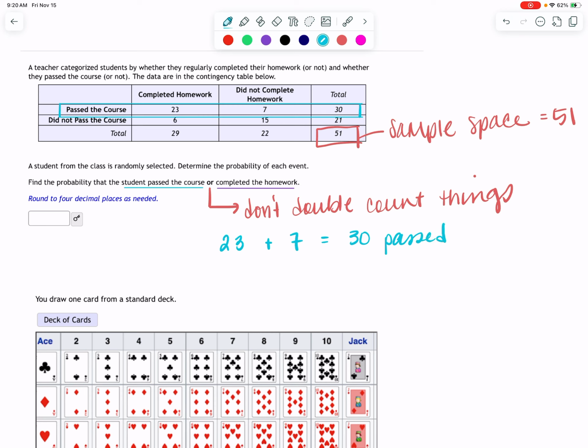Then I'm going to go look at the ones who completed the homework. That's the section. And I have 23 plus 6 equals 29, and they completed homework.